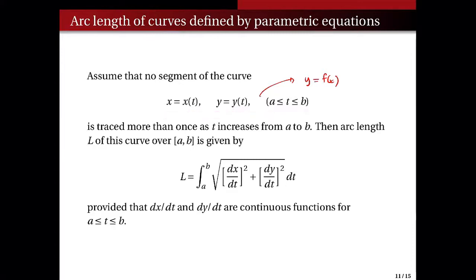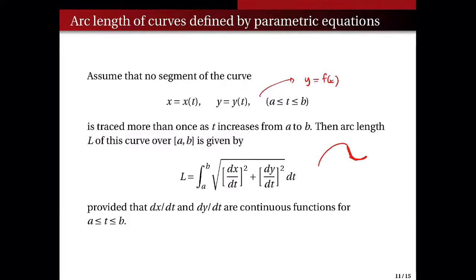In this case, we assume that no segment of the curve is traced more than once as t increases from a to b. Meaning if you have some curve like this, it will not go back to this part.